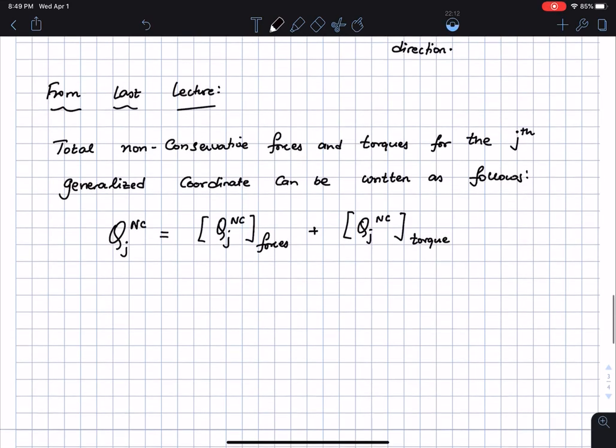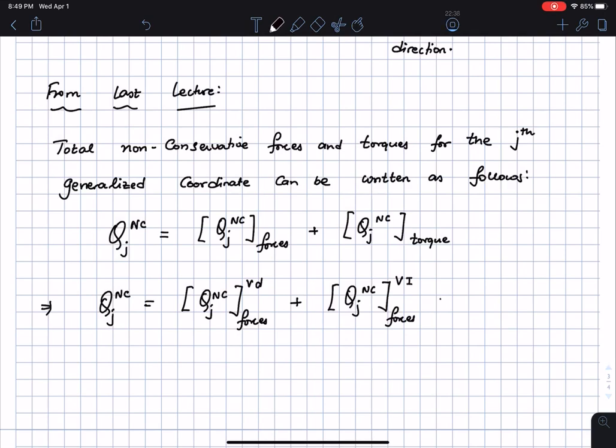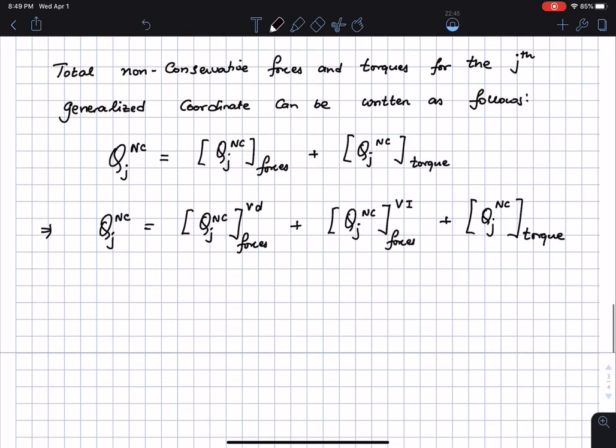And Qj non-conservative forces itself can be broken into two pieces: Qj non-conservative forces, which we said was velocity dependent, and I just want to come up with a notation so as to write it quickly, Qj non-conservative forces, which is velocity independent, and then Qj non-conservative torque.